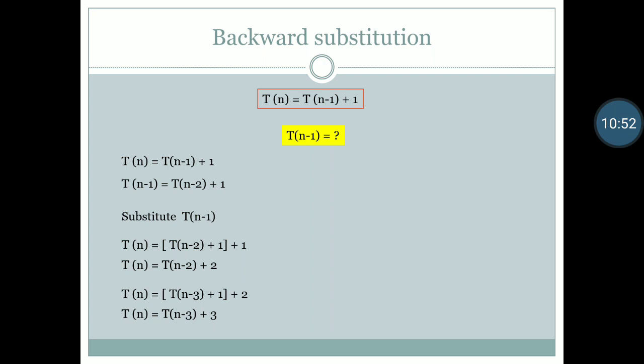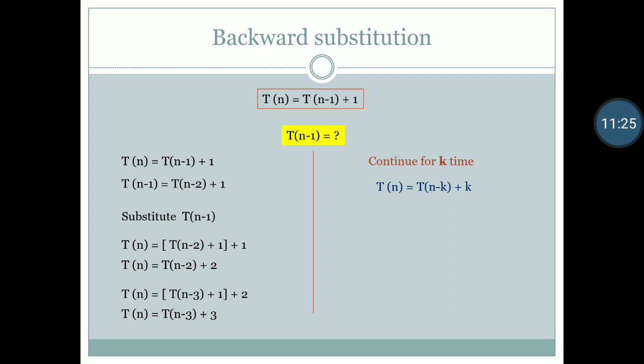As like this, if we continue substituting each term in sequence, it will continue up to many steps. But let's consider k times. If we continue substituting for k times, our equation will become Tn is equal to Tn minus k plus k.